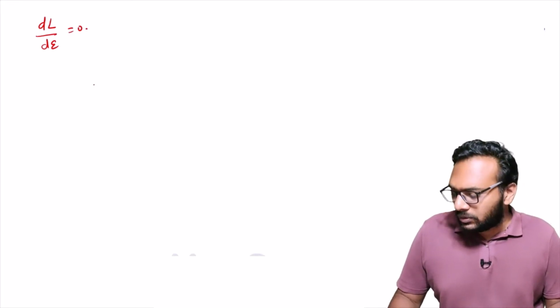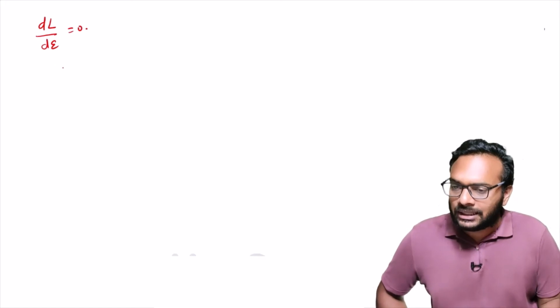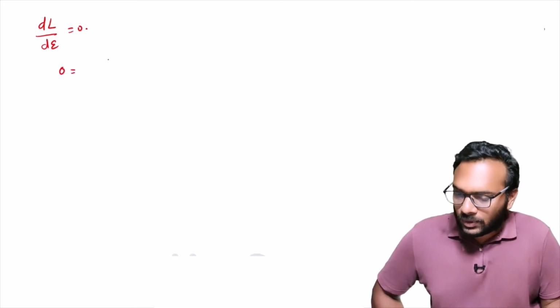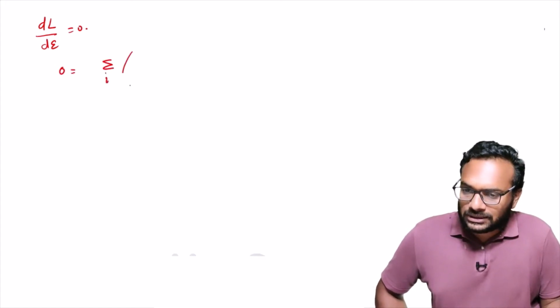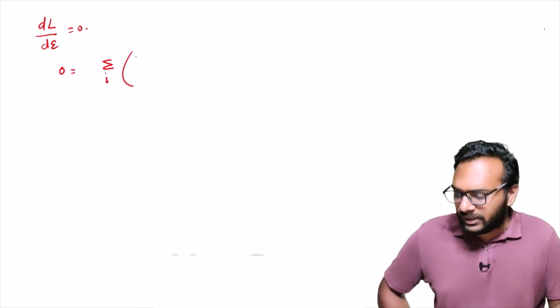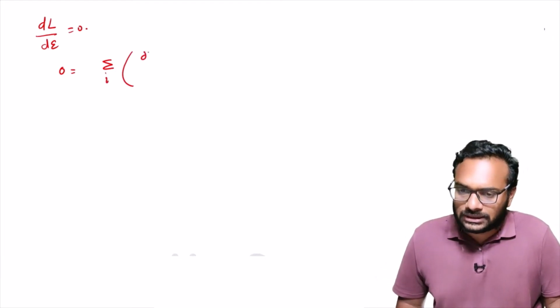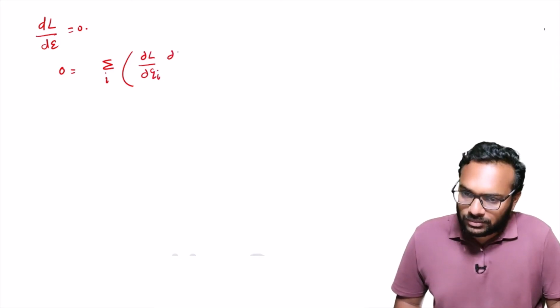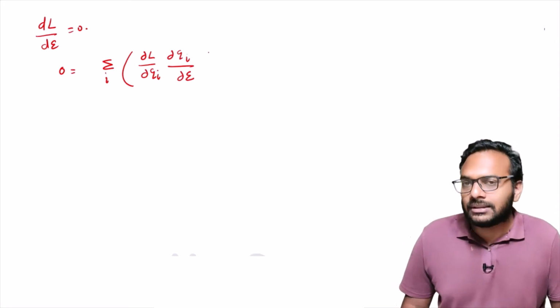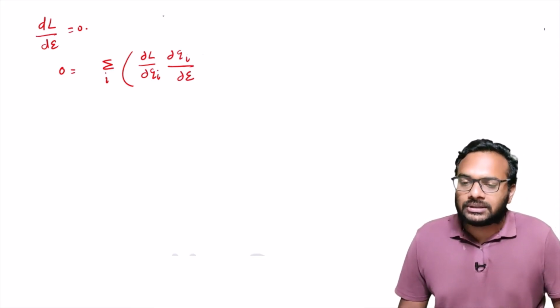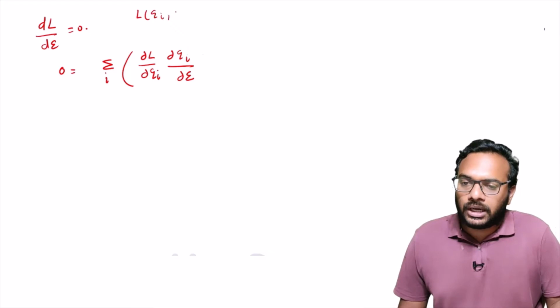If you do dL/dε equal to 0, we say that 0 is equal to, we'll put the summation outside, so we are taking a derivative with respect to epsilon. So this is ∂L/∂qi multiplied by ∂qi/∂ε. We are just using the chain rule because L is a function of qi, qi dot and t.